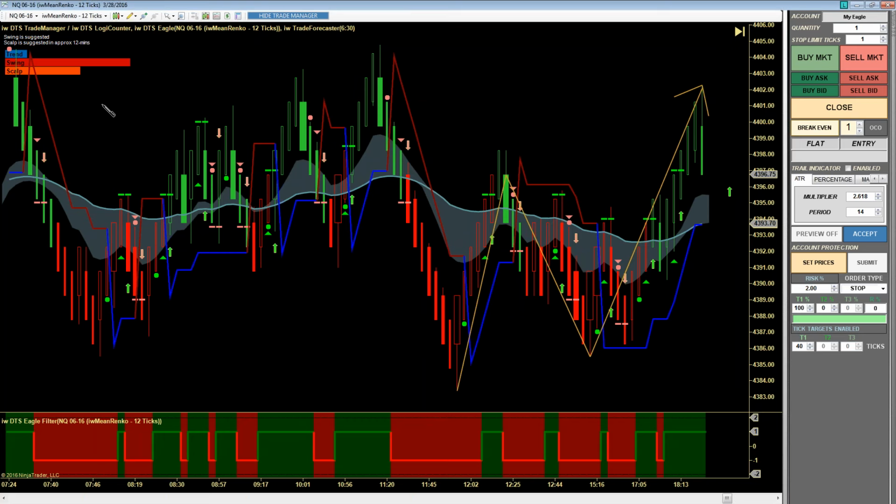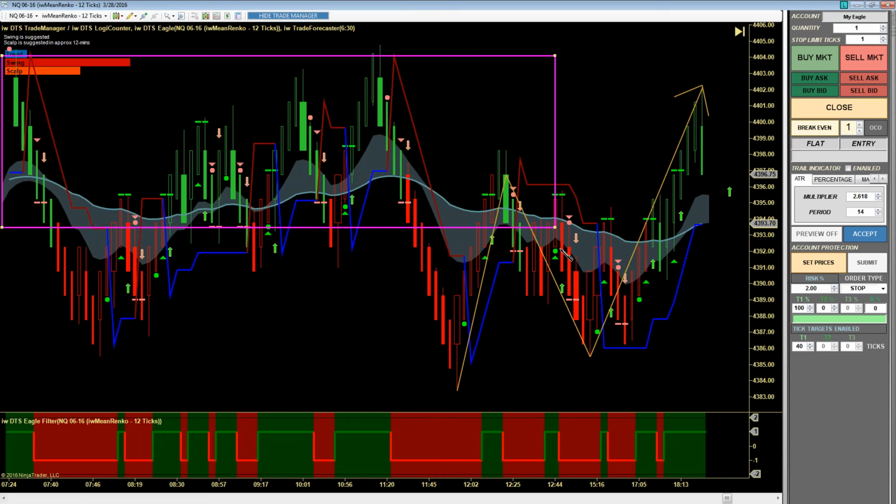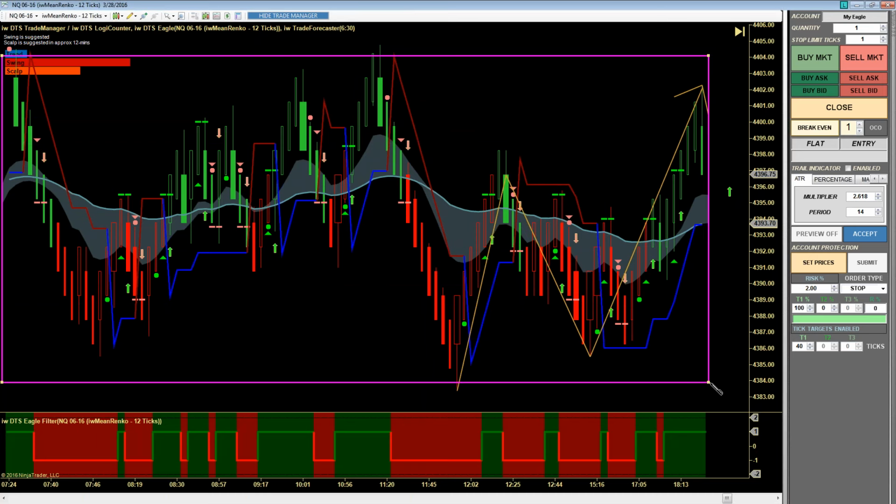The context of this is that the market is stuck. It's stuck going sideways. It's been stuck going sideways for about the last 10 hours. That's significant.